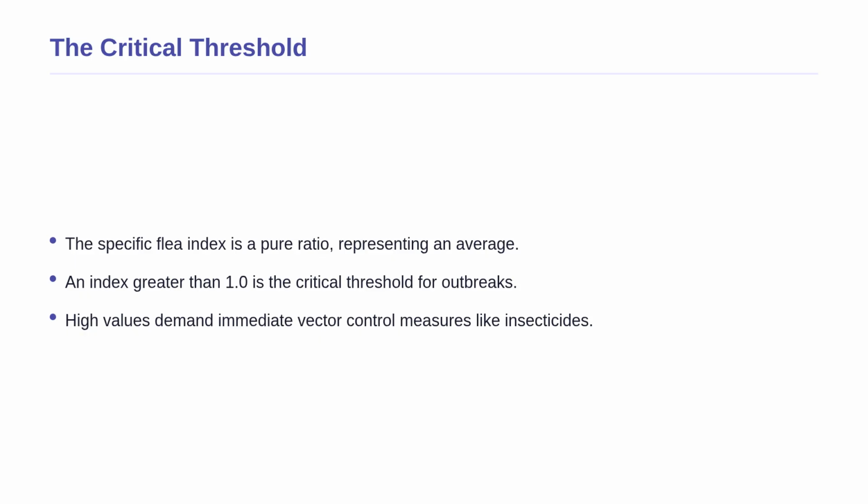Since our calculated value of 1.7 is significantly higher than this threshold, the village is currently at a high risk. This mathematical result dictates immediate real-world action, such as dusting the rat burrows with targeted insecticides to protect the human population.